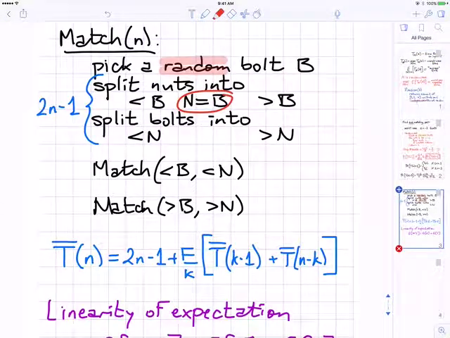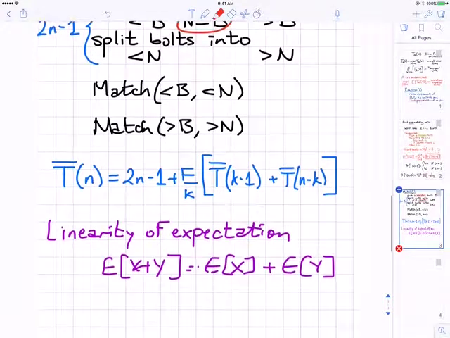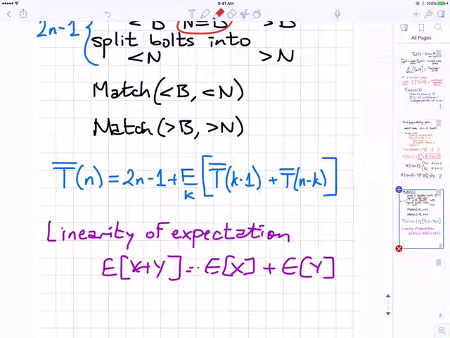So in this particular case, it happens that these subproblems are independent in the probabilistic sense, but that's not necessary for linearity.